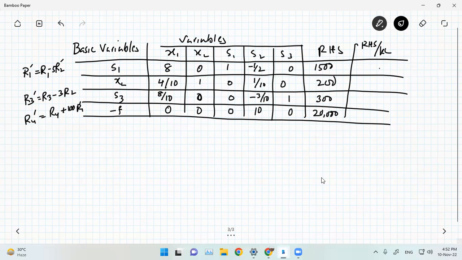What we know so far is we have to have the most negative value in the column-wise f values, but as you can see, none of them here is negative, so that is an indication that we have reached the solution.